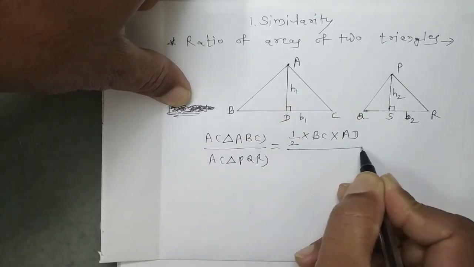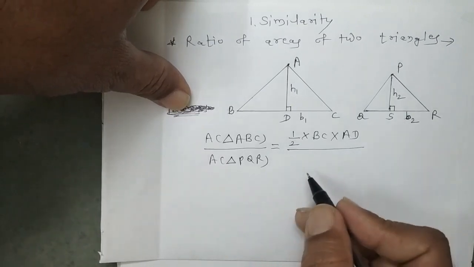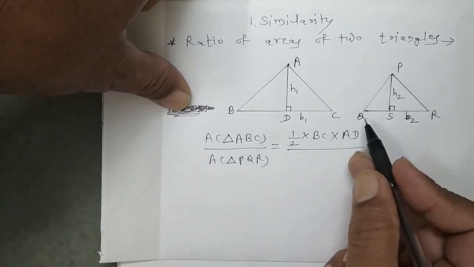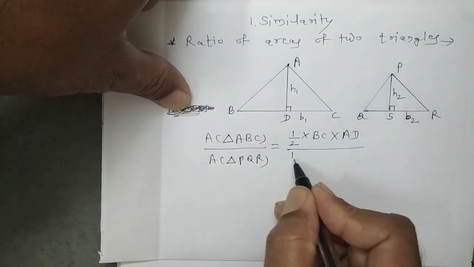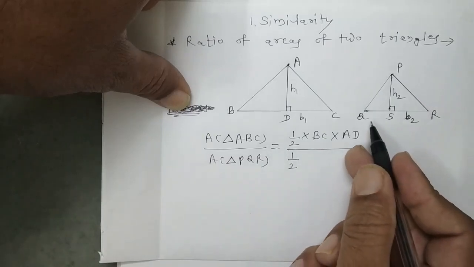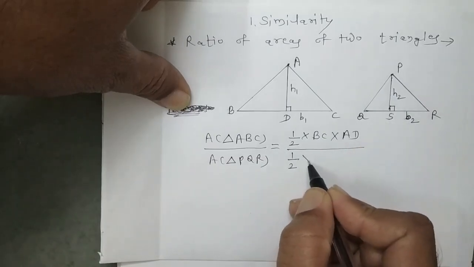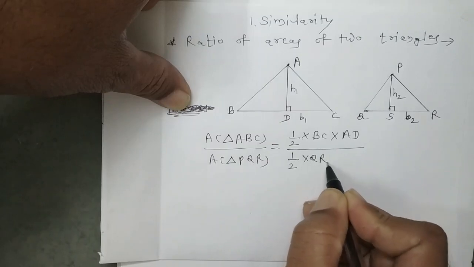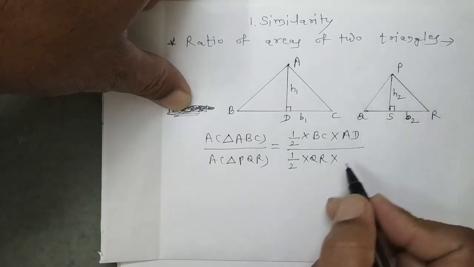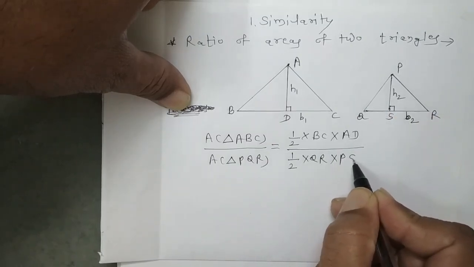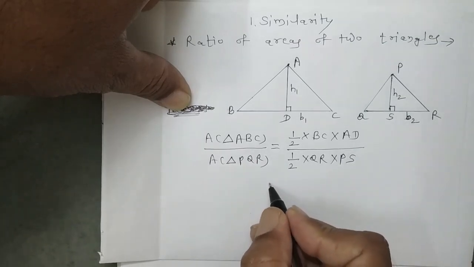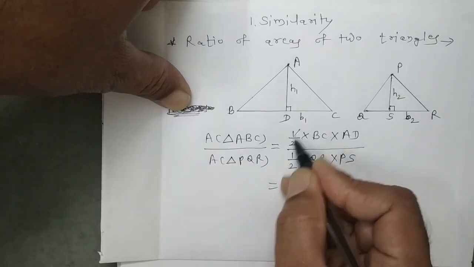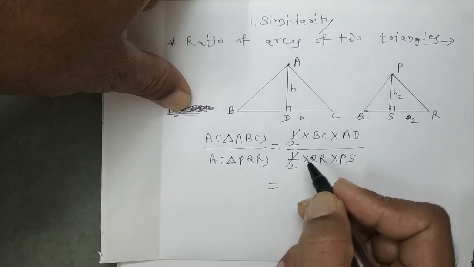divided by area of triangle PQR, that is 1 upon 2 base QR into height PS. The 1 upon 2 gets cancelled.